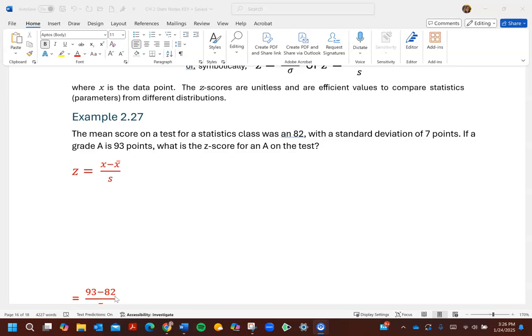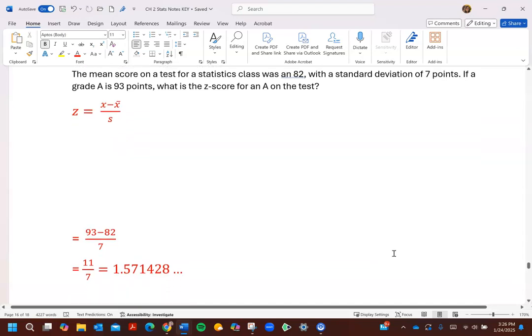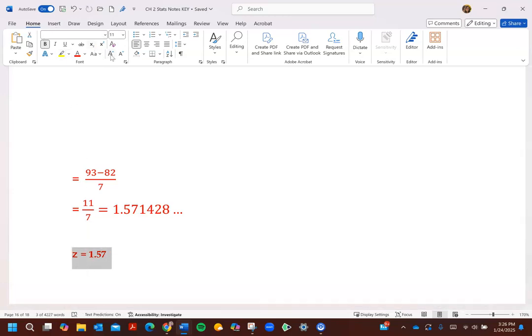So we're going to do 93 minus 82 and then divide by 7. And we get 1.571428, and then dot dot dot means I didn't round yet. And then usually we round z-scores to 2 places. So 1.57 is our answer for this.